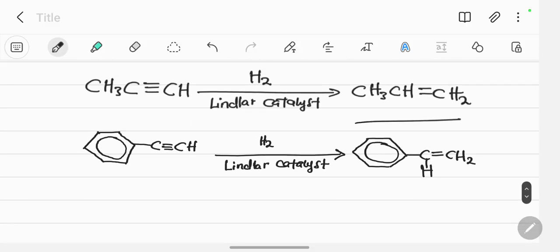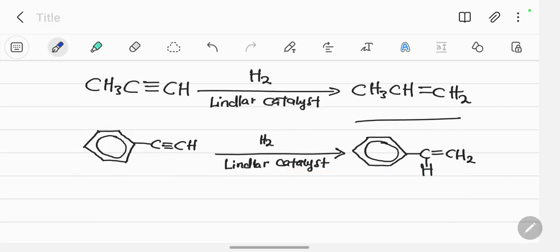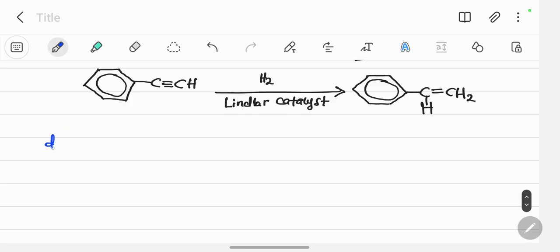Then our part D, this one has no mechanism. For now, it's having no mechanism.